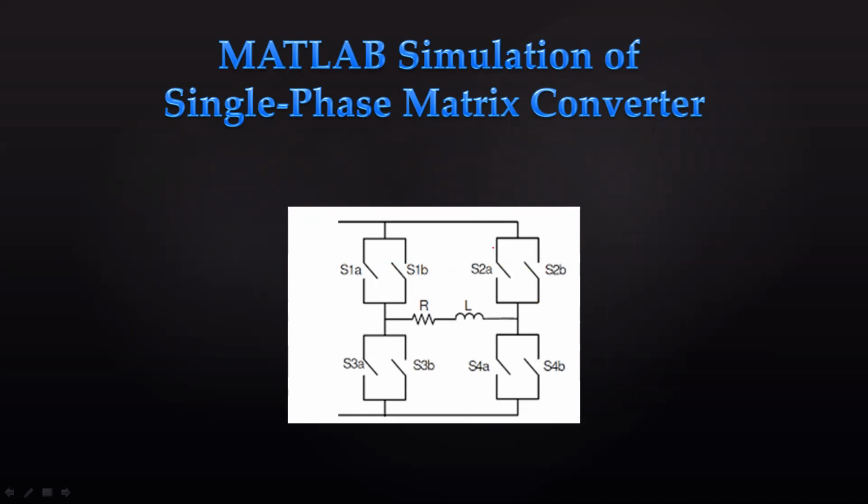By controlling the gate pulses to the switches, we can control the output of this converter. Right now we are using it as a chopper. So we can connect one DC source from the input side, and from this RL load or R load we can see the output. We can see the waveforms of current and voltage in the load, right?